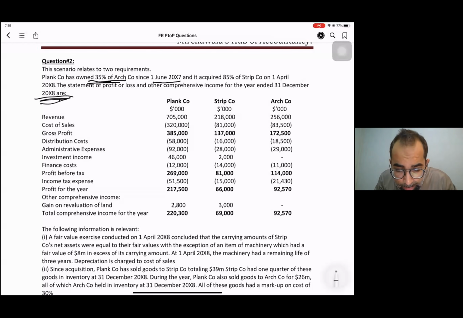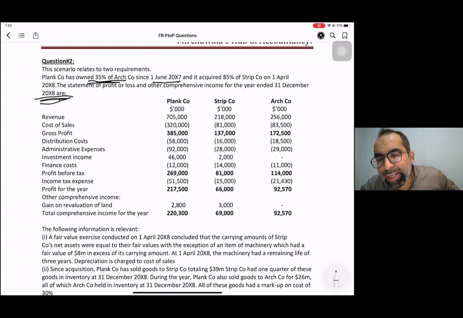And we bought this company in X7. So that means more than 1.5 years. So for the year ended December X8, this company is yours for the whole year. This is the dodge.